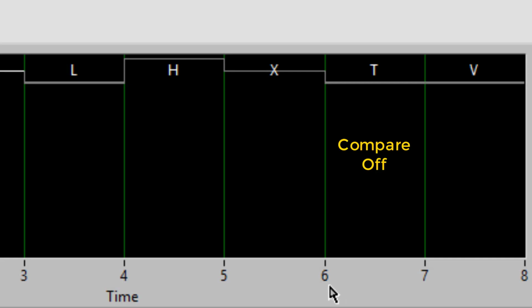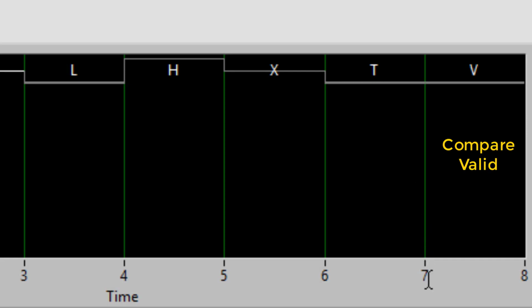Then we have value of 6, which is equivalent to T, which means compare off. It compares a logic high impedance edge and compares a voltage level between the low voltage threshold VOL and the high voltage threshold VOH.